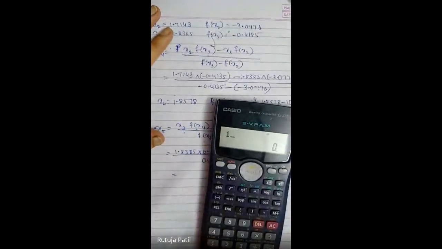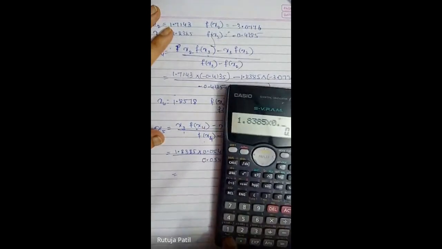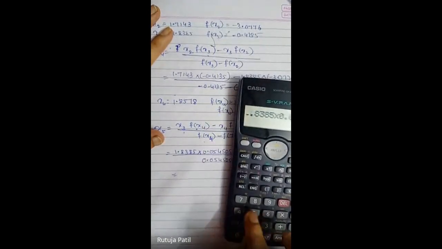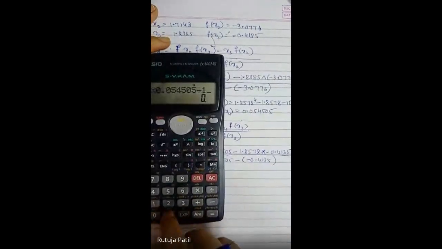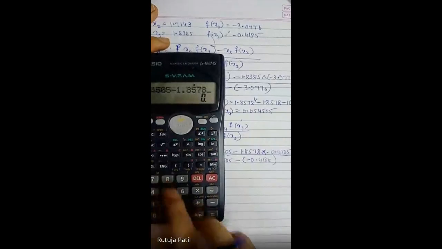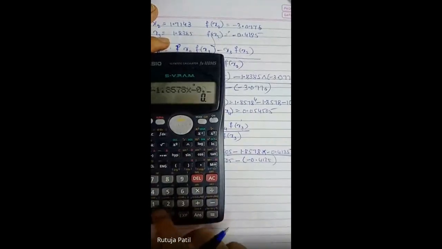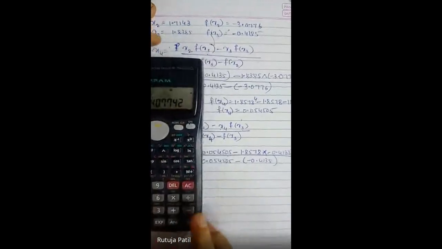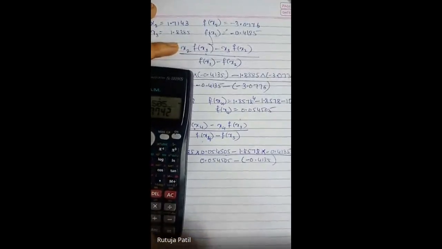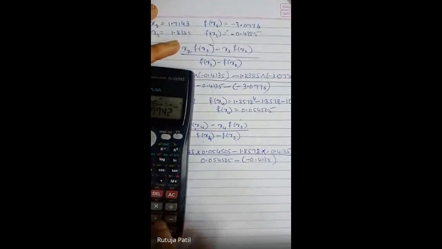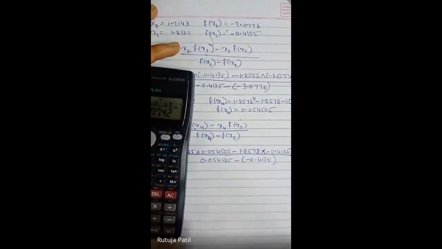What we have, 1.8385 into 0.054505 minus 1.8578 into minus 0.4135 divided by 0.054505 minus of minus 0.4135.